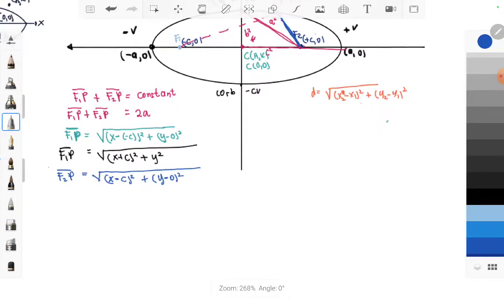By further manipulation of the equation, I will have the square root of x minus c square plus y square.